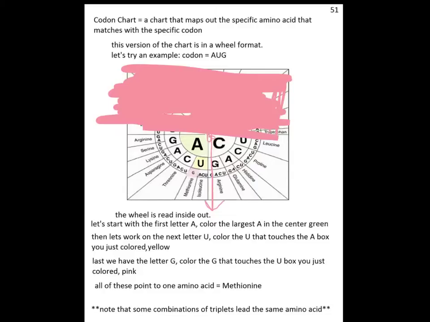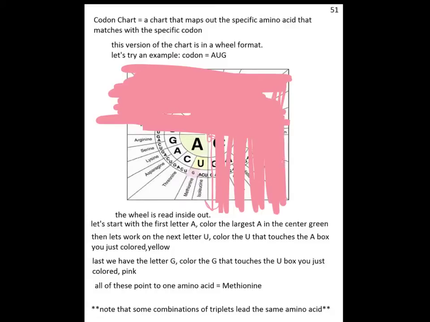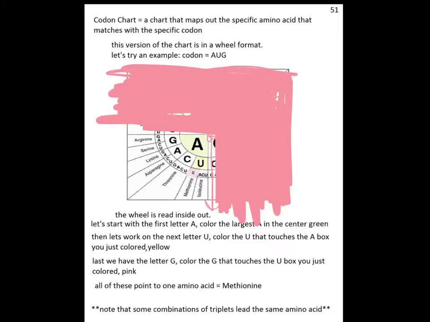See how there's 3 rows or 3 circles of letters? Okay? Then anything touching this C, not important either. Okay, remember, you're not supposed to be coloring in your wheel so you can't see it. It's a reference for you to use. But I'm doing this because this is a video and I can do whatever I want, and I want you to have a really good visual of what I'm trying to say.